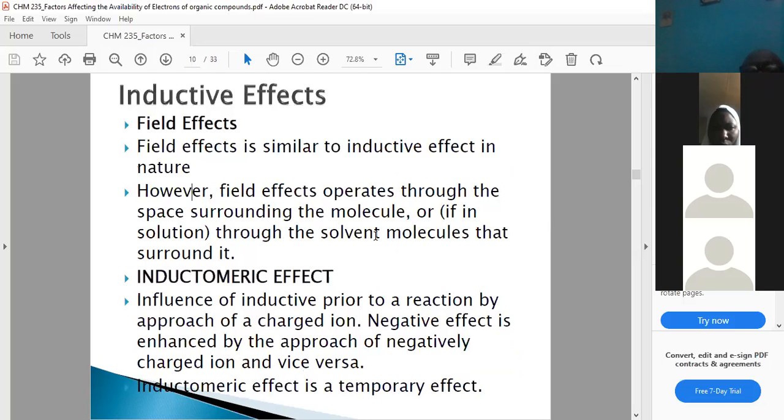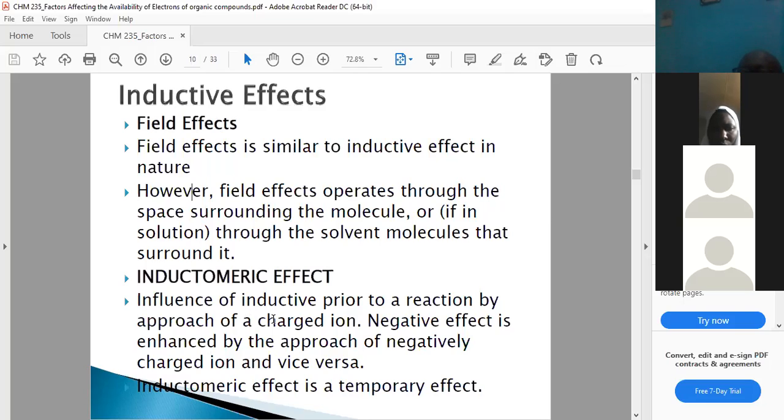Now, there are other factors that are similar to inductive effect, but they are not inductive effect. One of them is field effect. Field effect operates through space or through solvent. Otherwise, it's just like inductive effect, but it's not due to polarization of bond. Then inductomeric effect.